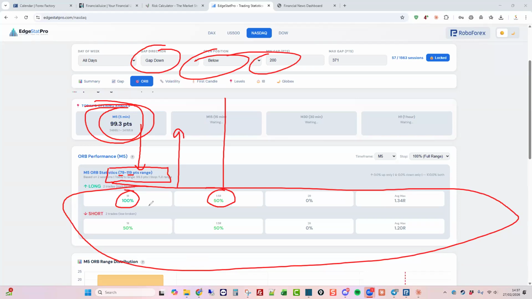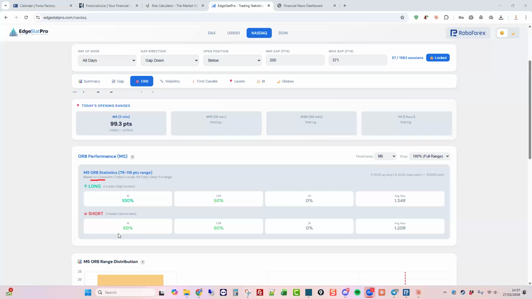So if we go long now with a 1R using the other side of the 5-minute range, there is a pretty much 100% chance of that being hit. But bear in mind, we are looking at 2 days out of 1,500. So your data set is tiny. One of these failing will change that statistic to 75%. So we've got to be very careful with the size of data that you're looking at.